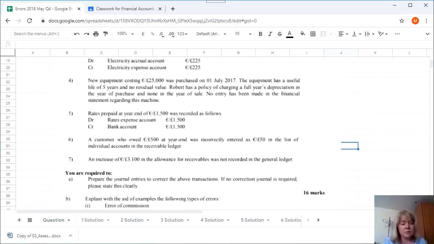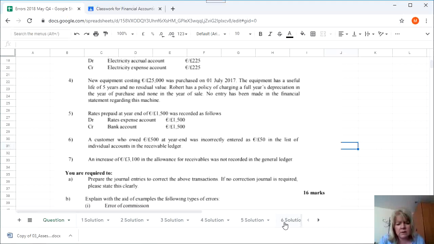Okay, so if we move on to part 6 of this question, it tells us that a customer who owed 500 at year end was incorrectly entered as 50 in the list of individual accounts in the receivables ledger. So this entry is a little bit unusual in that it was listed as 50 in the receivables ledger.